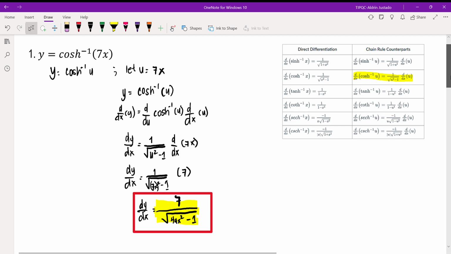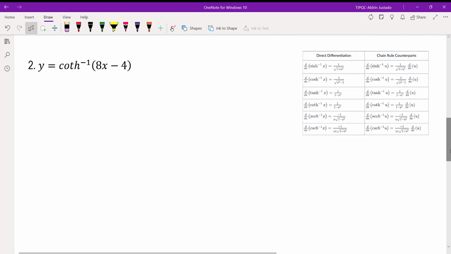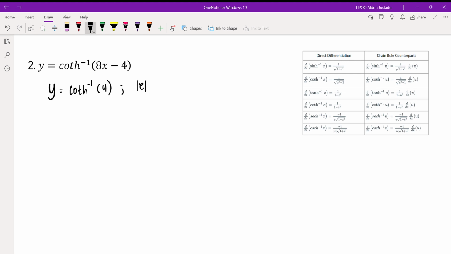Okay, let's go to number 2. You have y is equal to inverse hyperbolic cotangent of 8x minus 4. Ganun din ulit. Sobrang dali lang. y is equal to inverse hyperbolic cotangent of u. Then we let u equal to 8x minus 4.